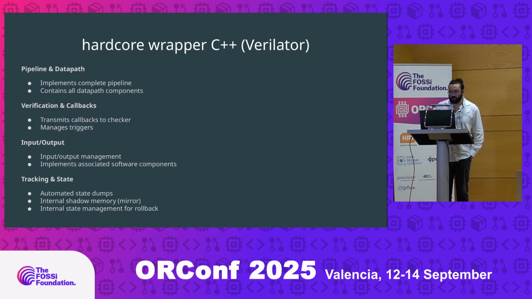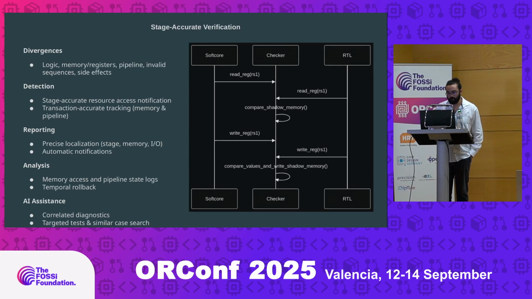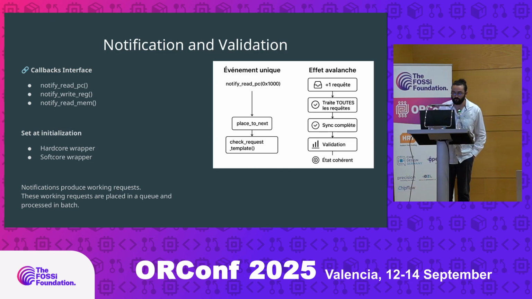Each value is in the notification, and it's compared to a mirror memory for the register, the PC, and the memory. Each read is compared between softcore and hardcore, and for writes it's the same, but we authorize the write access for that.